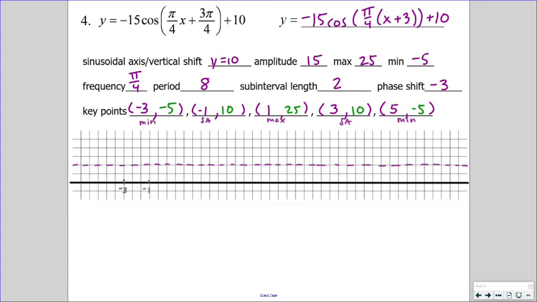Negative 1, add 2, 1, 3, 5, 7, 9, 11, 13, 15, 17, 19. I'm just going to go till I run out of room. And then I'll go backwards as well if I can fit this in. So negative 5 works there.